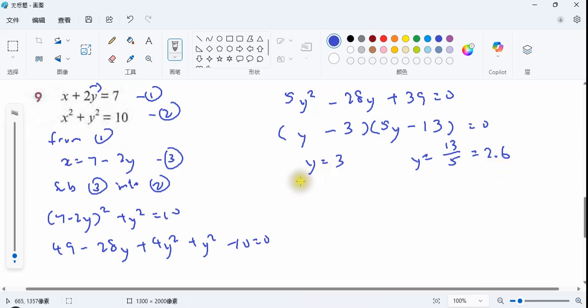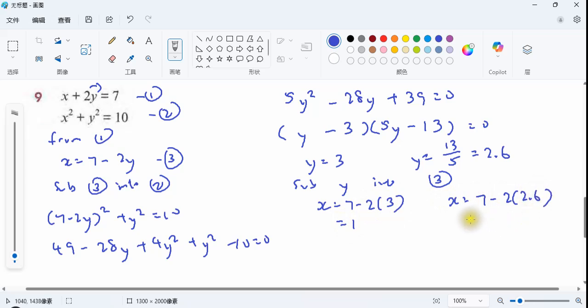Okay, so we sub the value of y into equation 3. X equal to 7 minus 2 times 3, then it is 1, and x equal to 7 minus 2 times 2.6, 5.2, 1.8. Okay, so when x equal to 1, y equal to 3, and then when x equal to 1.8, y equal to 2.6.